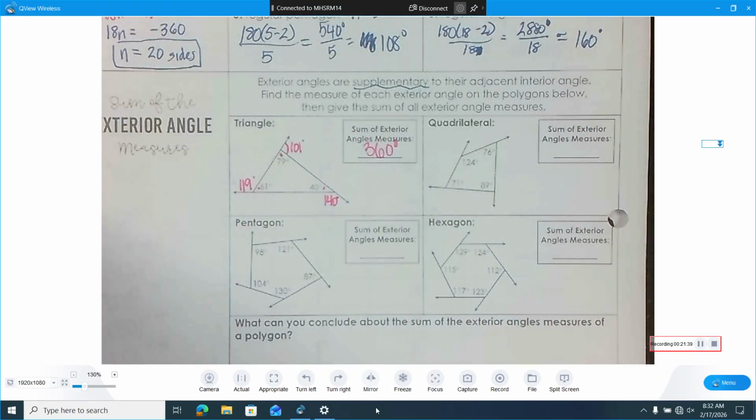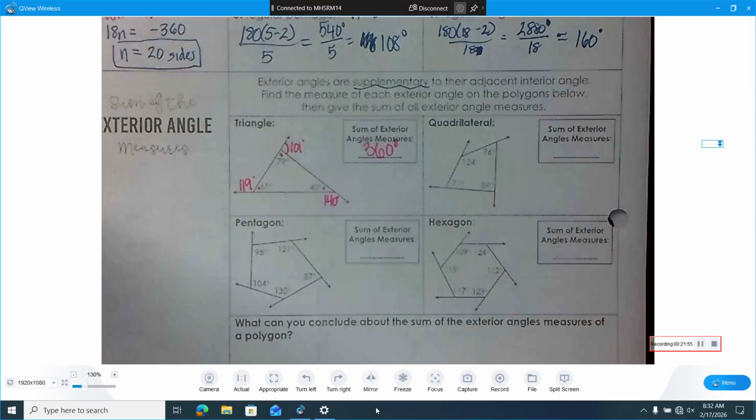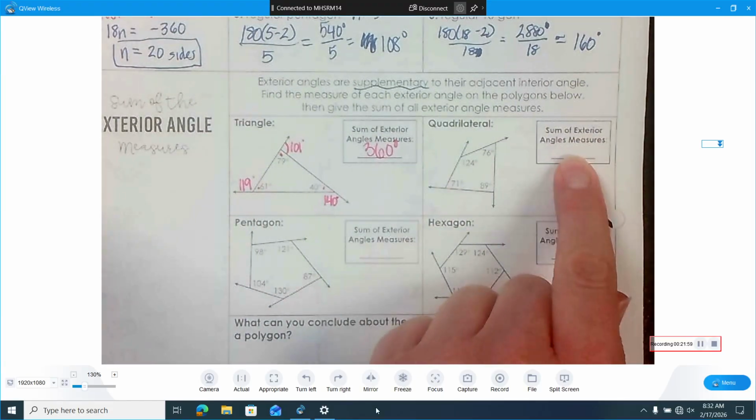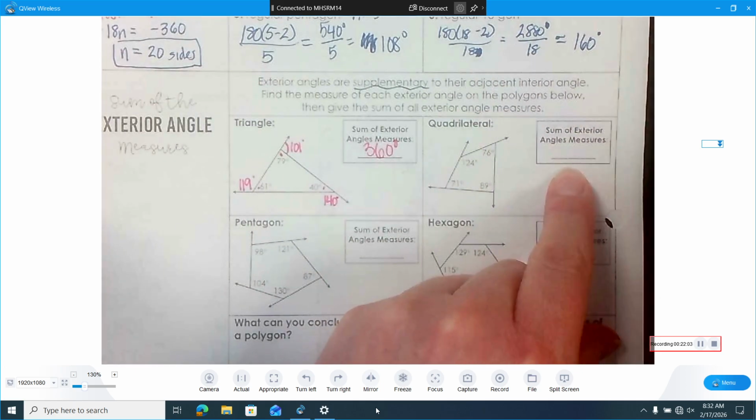What was your sum? You guys over here, what was the sum of the quadrilateral exterior angles? 360.